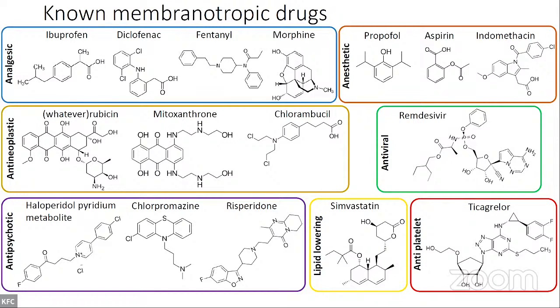It's not about the membrane lipid, it's about lipid metabolism, but this drug is also membranotropic. And on the right, you can see remdesivir, which is antiviral, and ticagrelor, which is an anti-platelet agent. These 2 drugs were not known to be membranotropic, and in our works in the last 2-3 years, we actually proved that they are membranotropic.